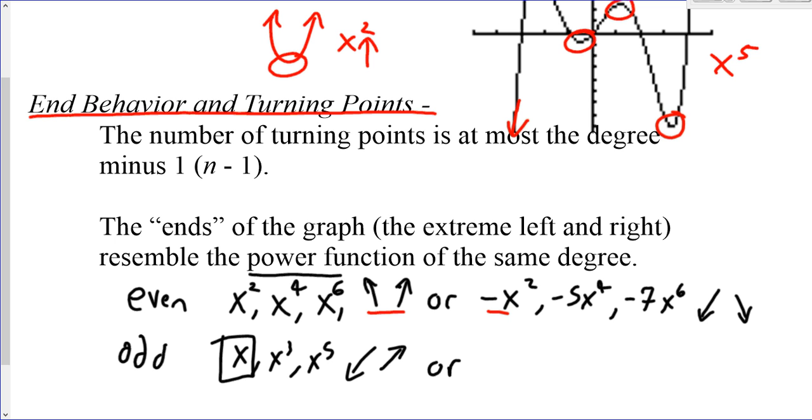Or if that coefficient is negative, so we could have negative 2x, negative 6x cubed, negative 1/2 x to the 5th, and so forth. If there's a negative coefficient, it's like a negative slope, so you are going to start high and end low. All right?